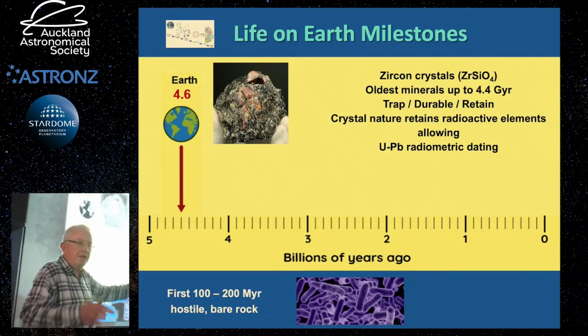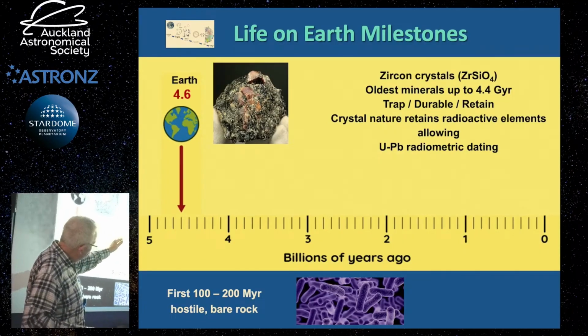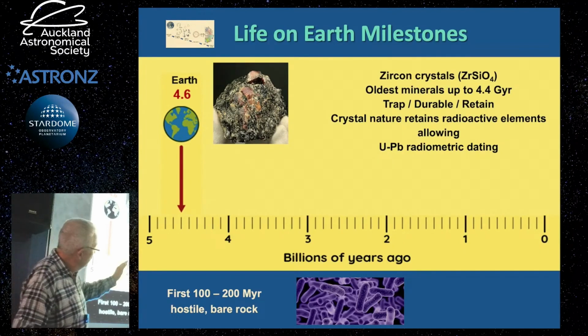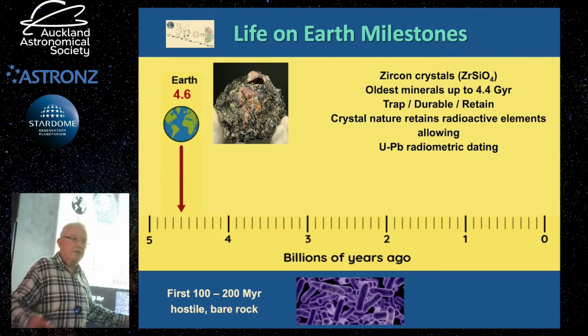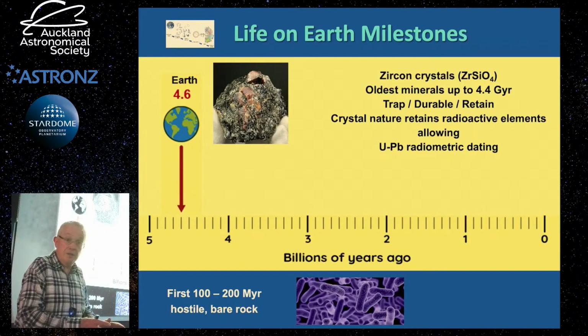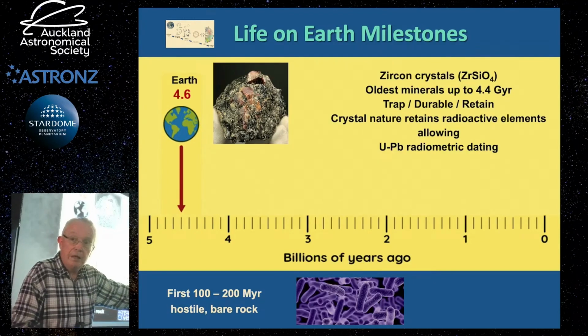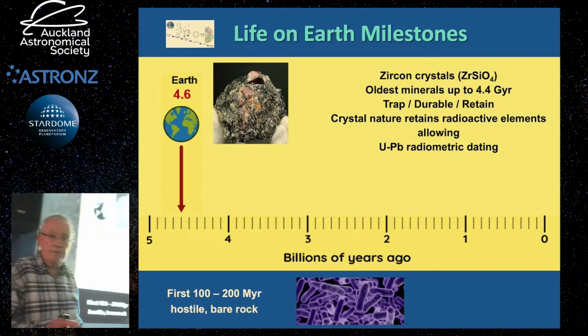It's 4.4 billion years. So its crystalline nature retains a lot of things, but importantly, it retains radioactive elements, in particular uranium. And uranium decays into lead. So when it solidifies, it allows uranium in, but it doesn't allow lead in. It only allows uranium in terms of those two elements.